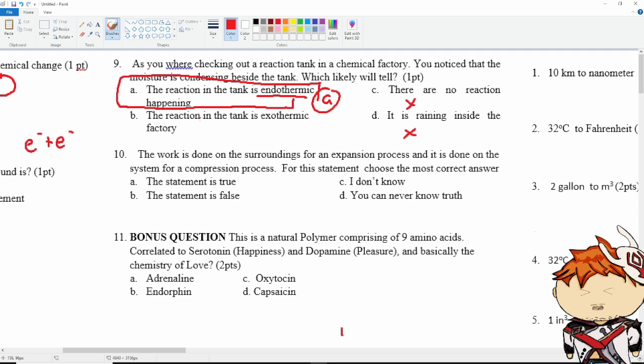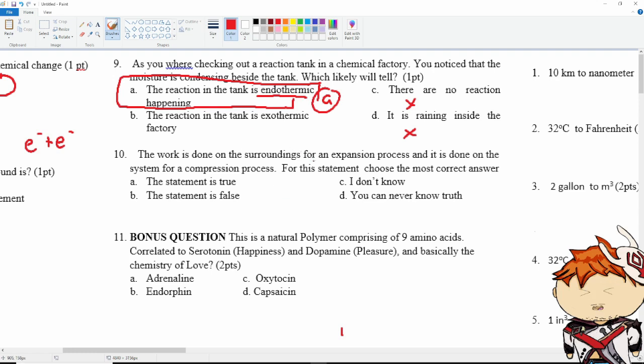The work is done on the surroundings for an expansion process. So meaning there's a release of energy. It expanded, so release of energy. And it is done on the system for a compression process. For this statement, choose the most correct answer.